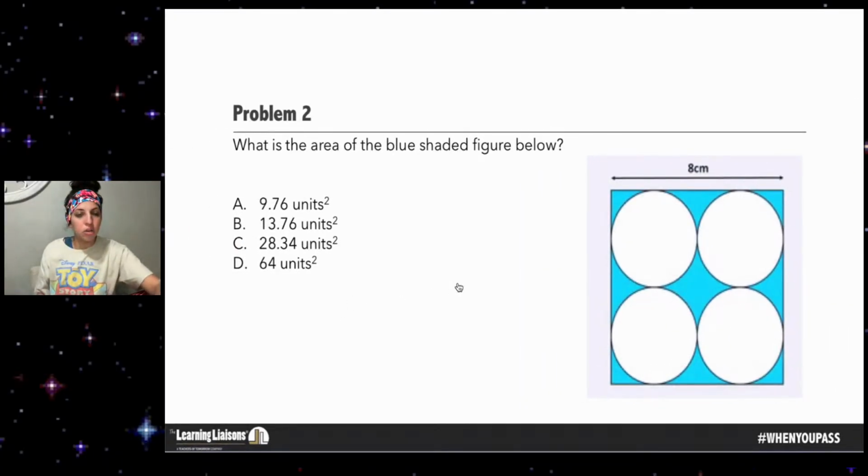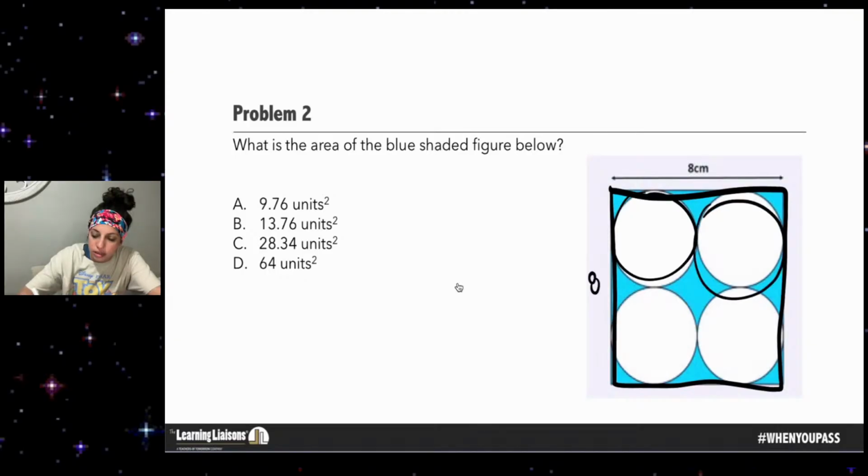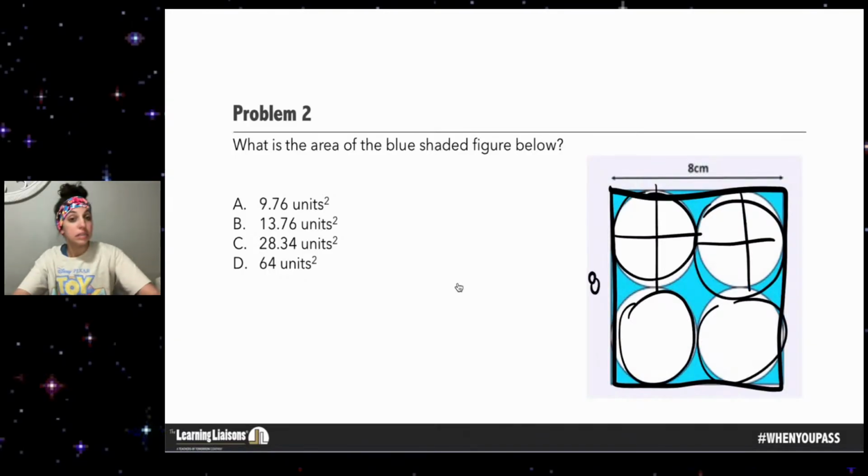So this is similar to one we did 2 weeks ago, and we're going to go ahead and solve this one together. So what we notice here is that we have 4 circles, but we are looking for the blue shaded area. So I have this square right here. And how do I know that it's a square? Because I've got these circles in the middle and the diameter of a circle is the same no matter what.